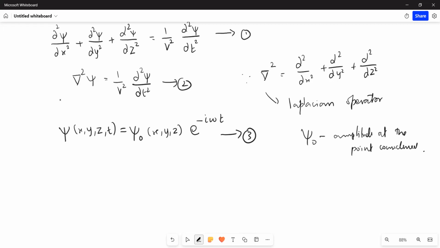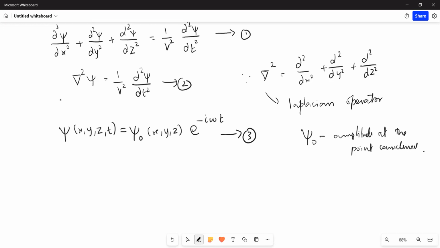That is why we mention x, y, z only, not time. This solution wave function psi includes both position and time, but psi naught does not depend on time. It is independent of time and includes only the position coordinates x, y, z.